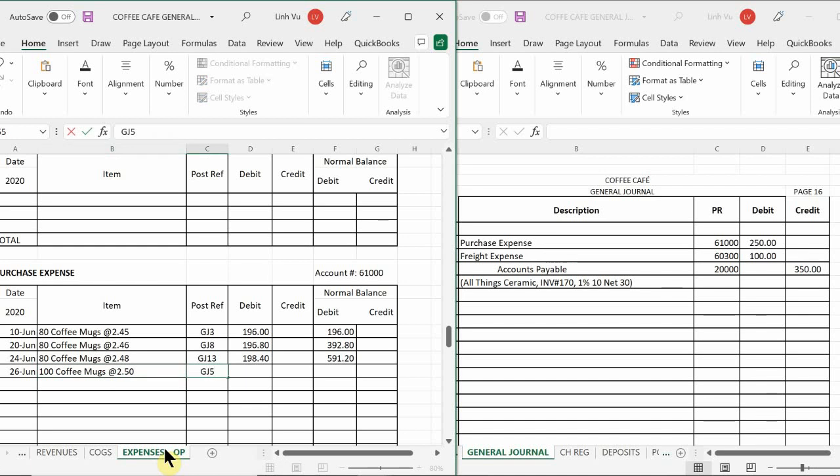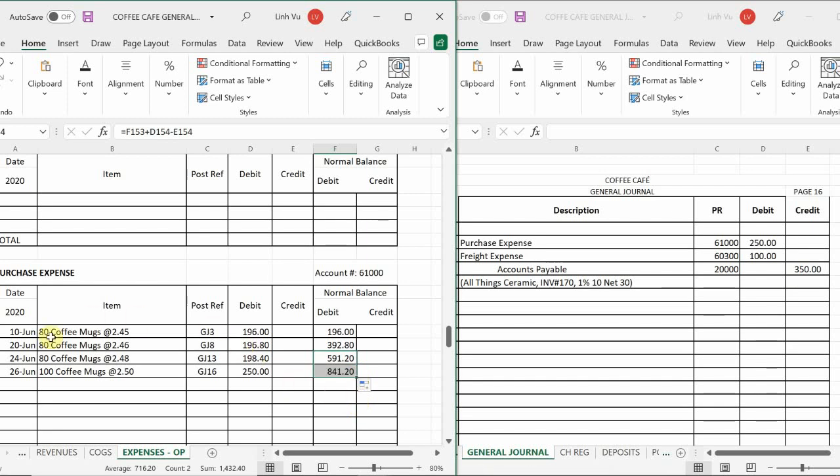General Journal 15 or 16 for $250. So therefore, what's my total purchase expense? $841.20.